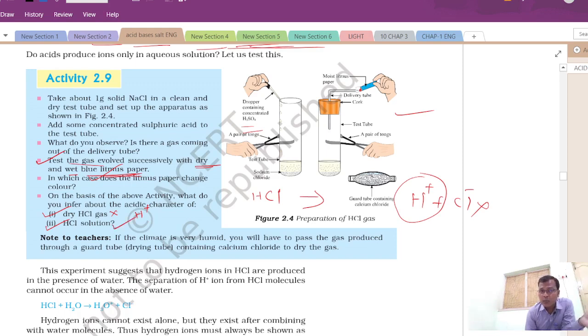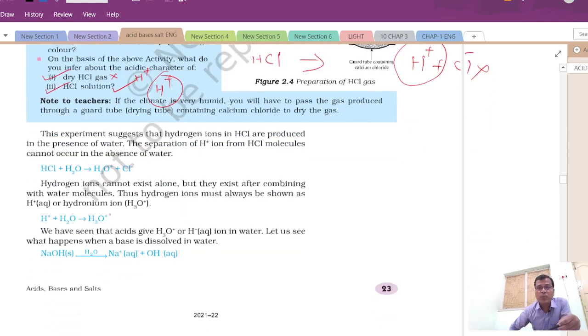Since the HCl solution has water in it, it will dissociate into H plus ion and show its acidic property. So the blue litmus paper will change to red color. Okay friends, please remember that for any acid to behave as an acid, water is important.